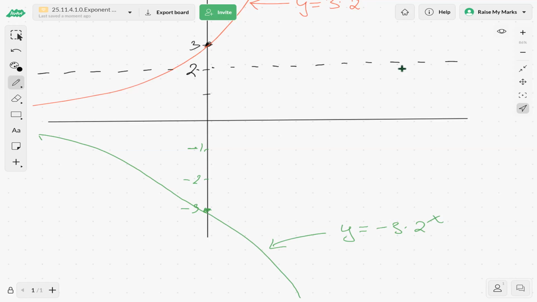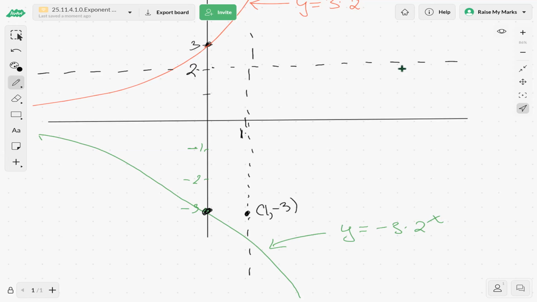The translation right takes our point 3 on the y-axis and moves it over one unit to the right. So we can put a dotted line through x equals 1.